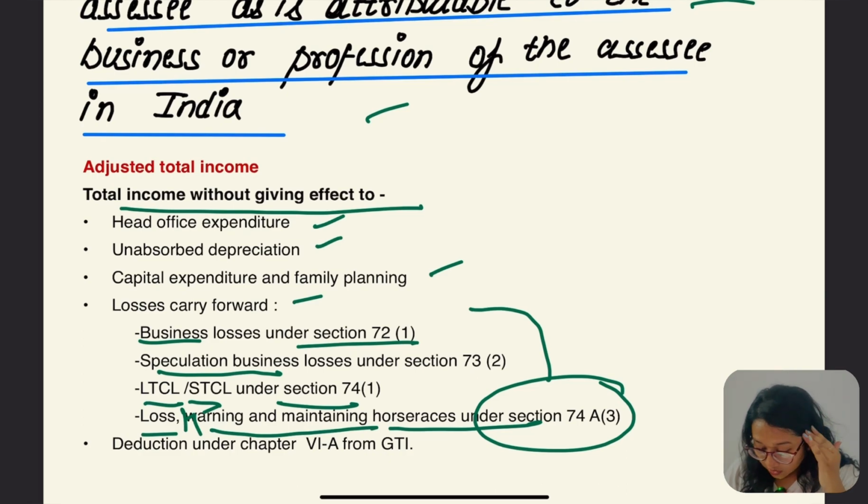And the last one, deduction under Chapter VI-A from gross total income.